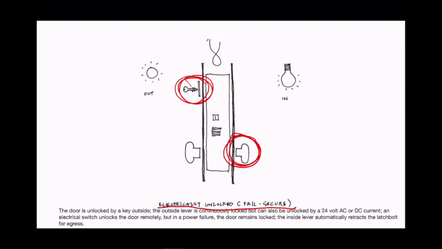But we have this electrical current coming through, and that electrical current means that if the power goes out, the door stays locked. So the power is what's keeping it unlocked, but when the power goes out, the door gets locked, and that's called fail secure. And so that's pretty easy to remember, secure.